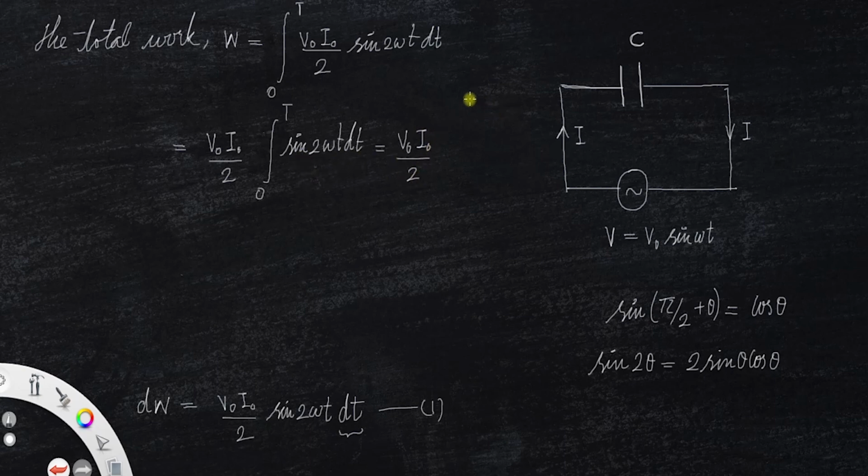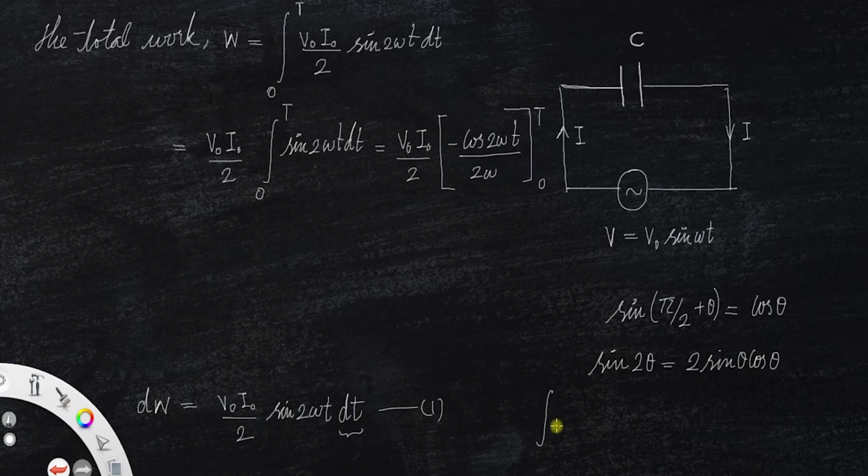Integral of sine is minus cos, so minus cos 2 omega t, and you have to divide by the constant 2 omega. Now the limit 0 to T. Here 2 omega is constant. Clear?